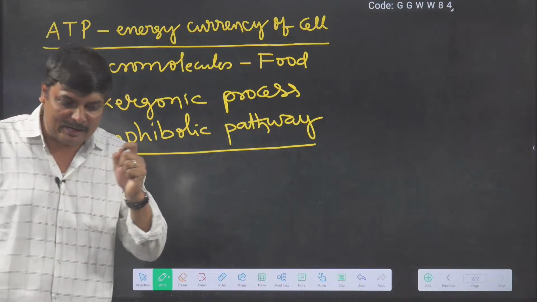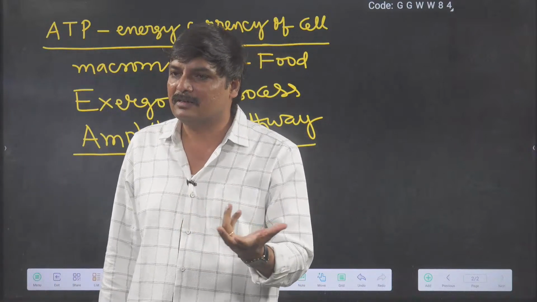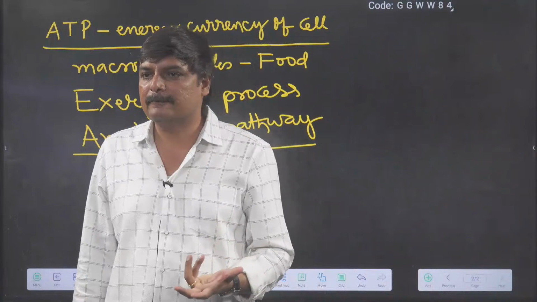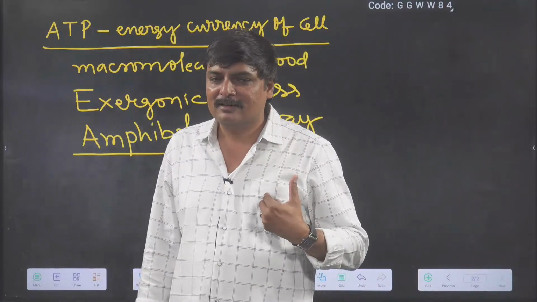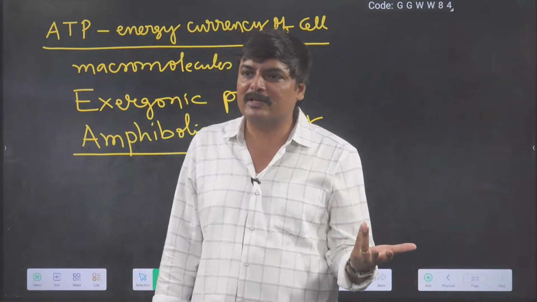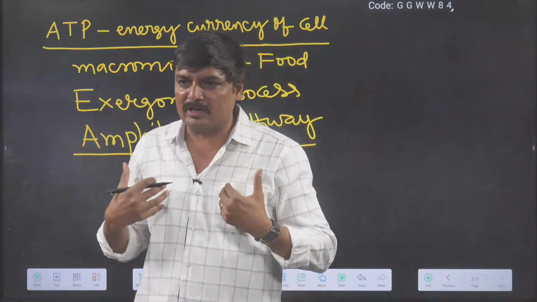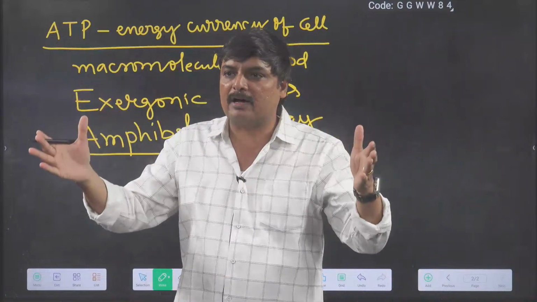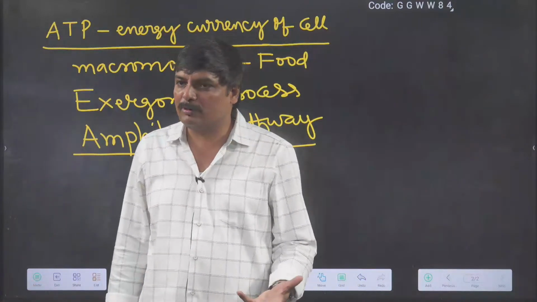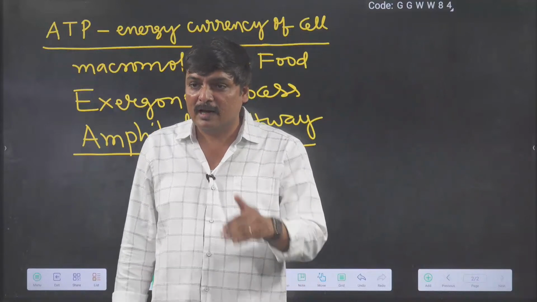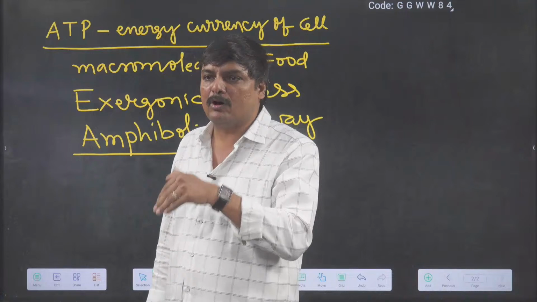Traditionally, we believe that respiration is a catabolic pathway. Yes, absolutely right. Traditionally, we believe that respiration is a catabolic pathway because we take food material, food is a complex molecule, and this complex molecule breaks down with the liberation of energy. No doubt about that. But as I said, food material contains C-C bonds.